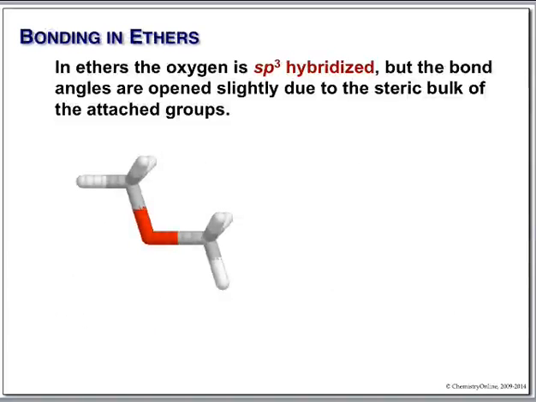Just like in alcohols and in water, the oxygen is essentially tetrahedral. It's sp3 hybridized, of course. Remember, we have a bond angle of about 112. In a perfect tetrahedron, it would be 109.5. This is opened up a little bit because of the bulk of the groups attached on both sides.